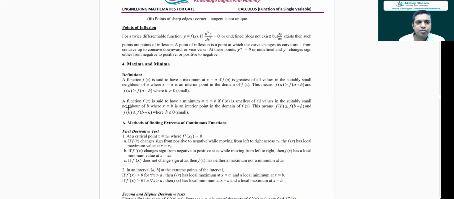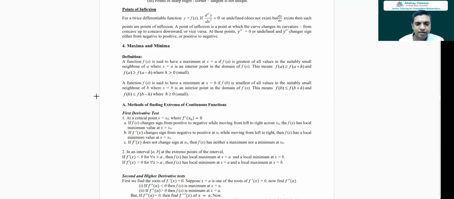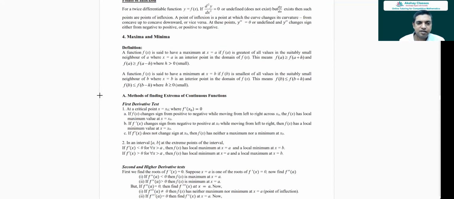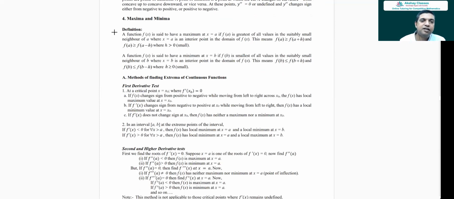Next, coming to maxima and minima. There are 3 definitions. Let us do one by one. First is an algebraic definition.